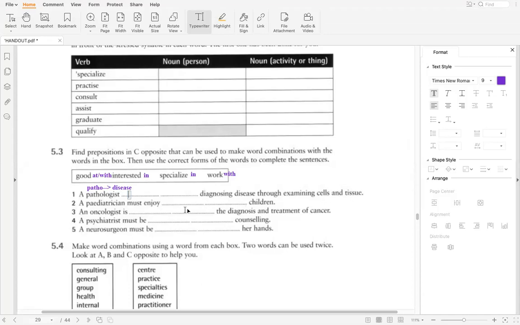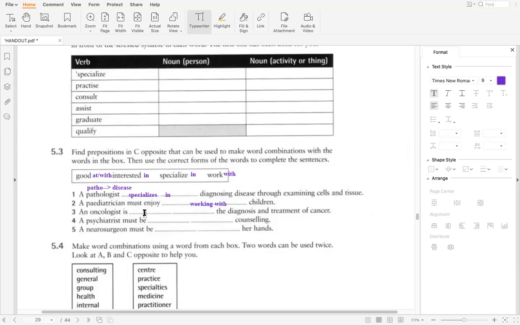A pathologist specializes in diagnosing disease through examining cells and tissue. A pediatrician enjoys working with children.